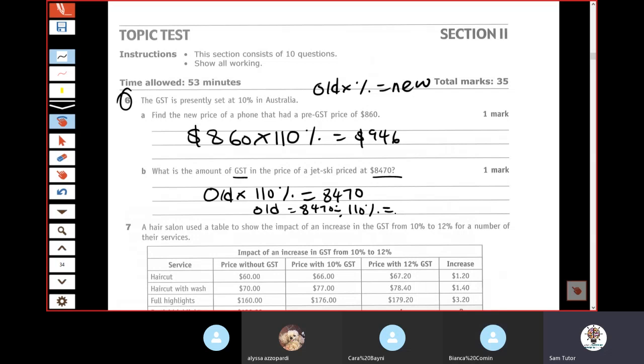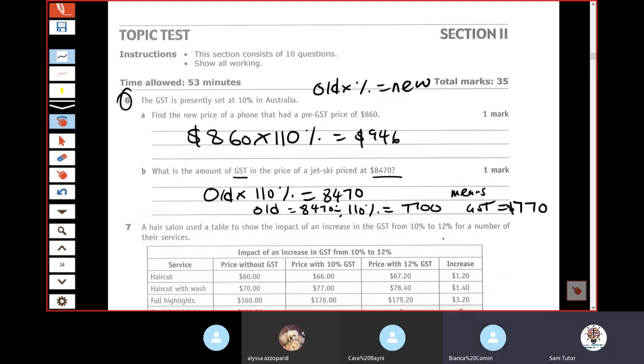That's the right way to do it. That gives you 7700, so that was the old price. GST would be 8470 take away 7700. The GST amount is $770.